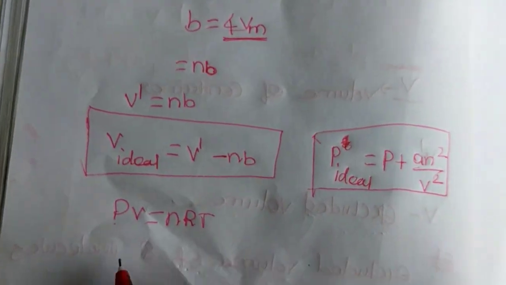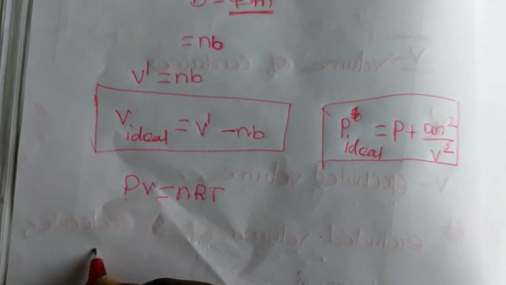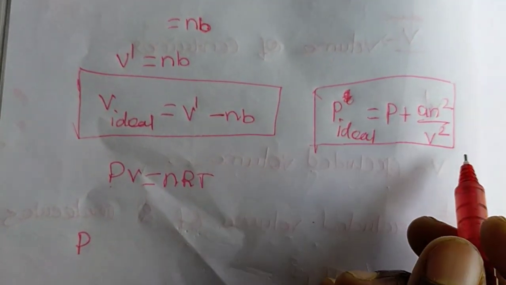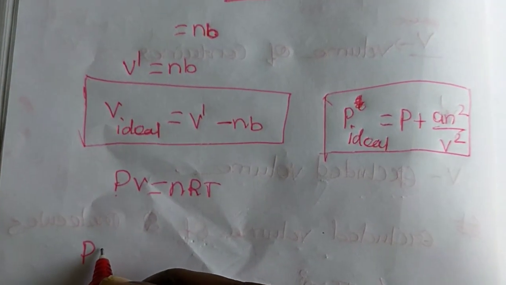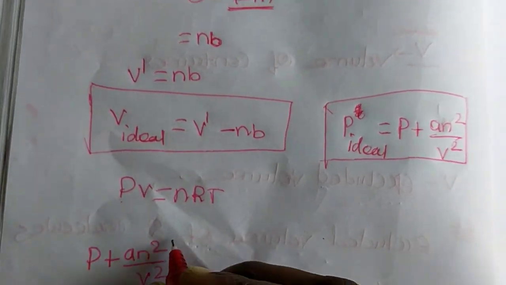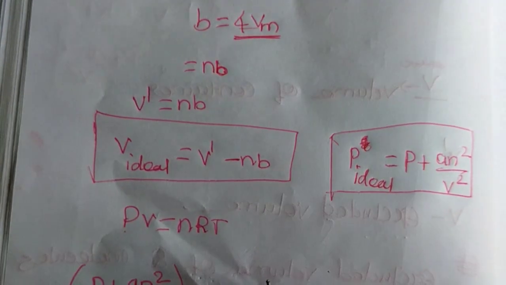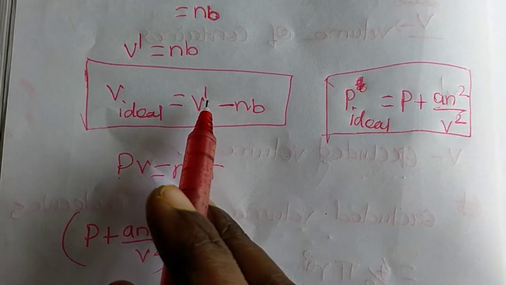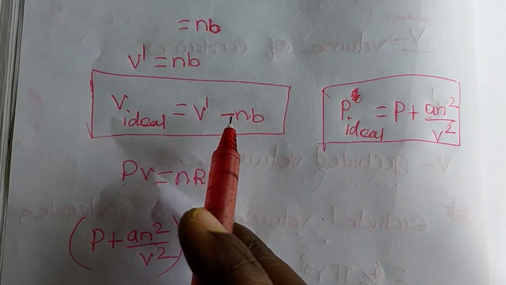Okay, so substitute the values here first. What is the P value? P ideal is equal to P plus a n square divided by V square. So P plus a n square divided by V square, into the V value. What is the V value? V dash minus nB.